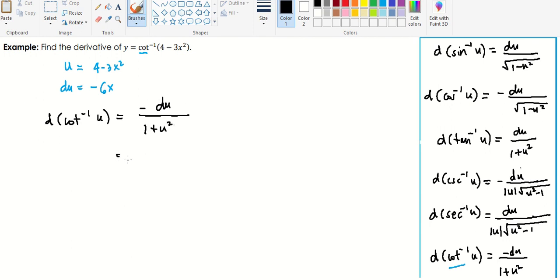So since we evaluate our values, let's say for instance we get the u and du, we will just substitute these values here.